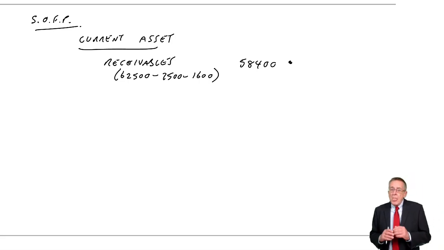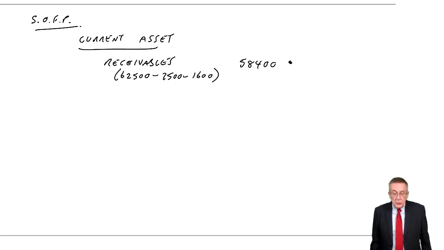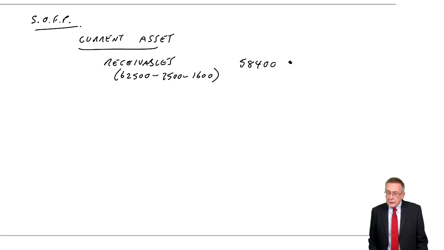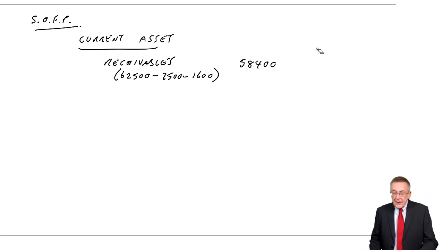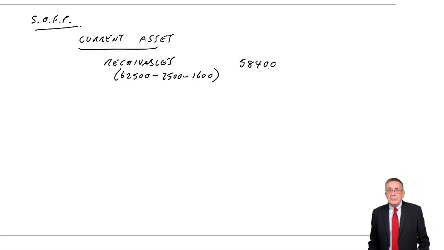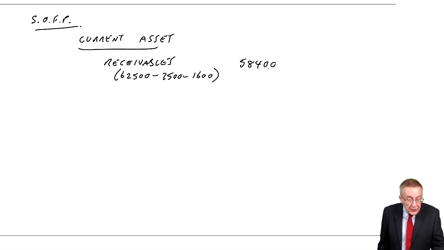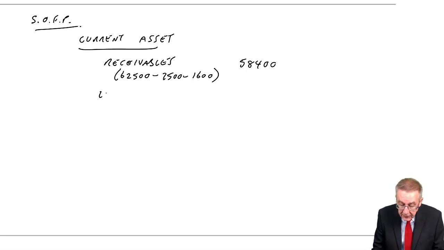We only show what we think we're certain of getting. However, I don't want to remove that 2,800 completely, otherwise I might forget to even try and get the money. And so if a debt's doubtful, we do in a sense remove it, but we say, well, 58,400 is what we're hoping to get. 2,800 is at risk, so we show separately.